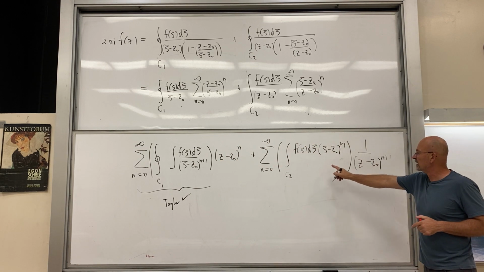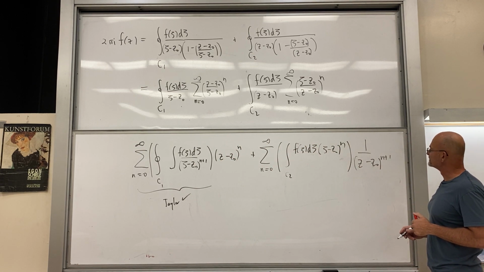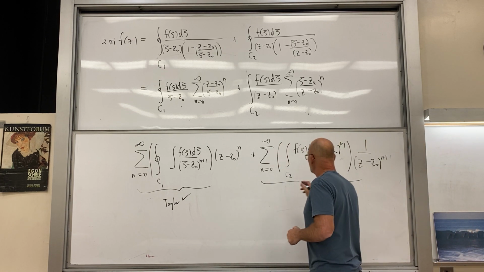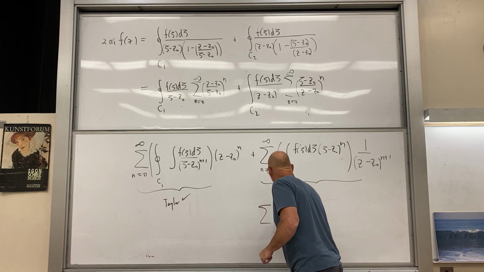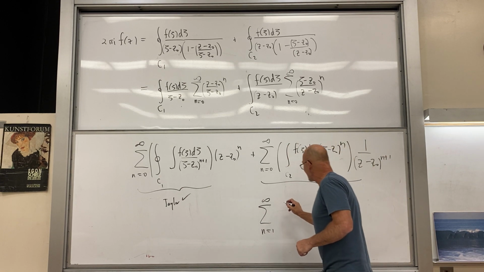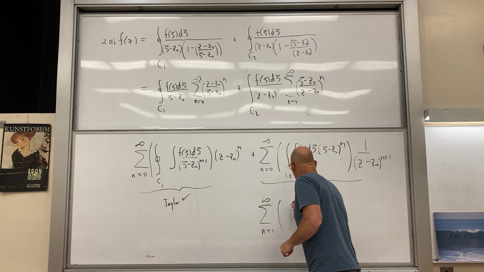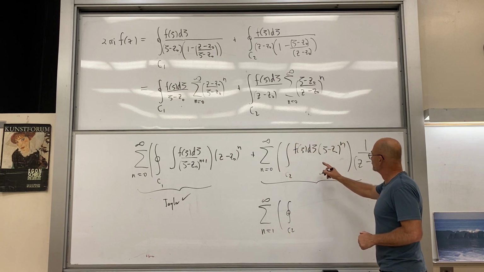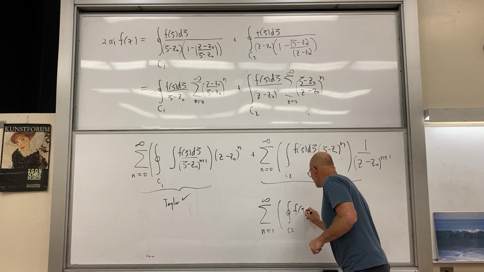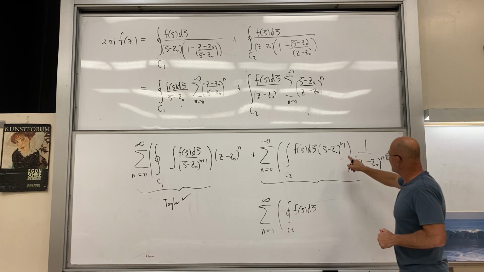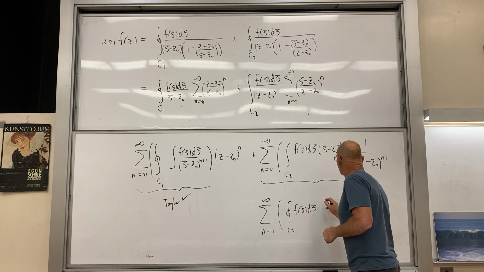This one we have to work with a bit. I'm going to change the number of the index. I'm going to go from n equals 1 to infinity instead of 0. Then I have to change these indices here. C2, got my f of zeta d zeta. So this has to now be n minus 1.